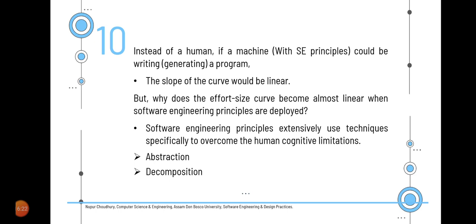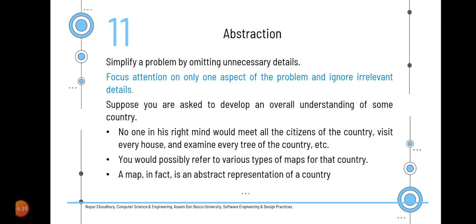So these two important principles are used in almost every technique. If we have to understand these two fundamental techniques which handle the complexity, we have to take two different examples. So first, we will understand what abstraction exactly is, and then finally we'll go to decomposition.